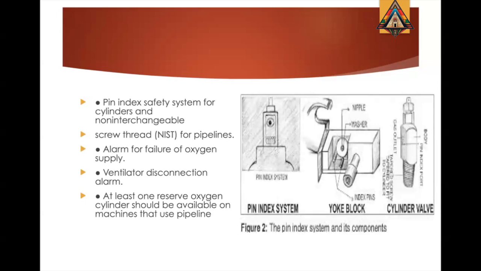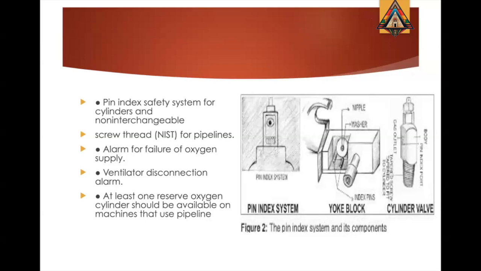It is a safety system with the tubes within the cylinders. Each oxygen cylinder has its own pin index safety system to connect with the anesthesia machine, and the nitrous oxide has its own pin index system to connect with the anesthesia machine.